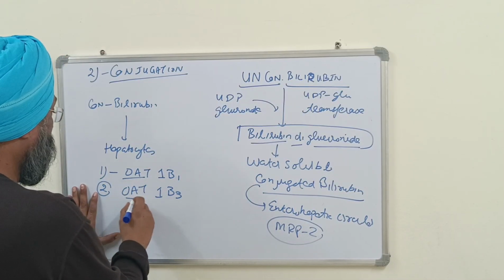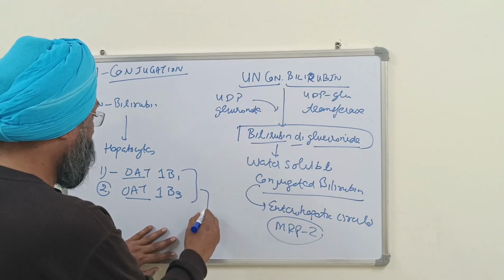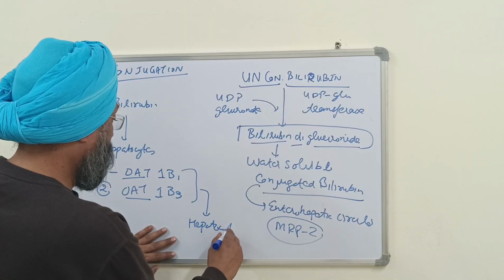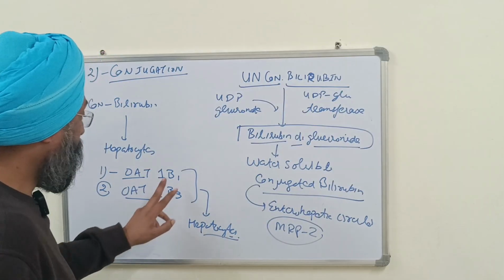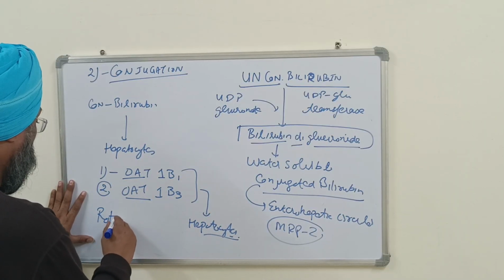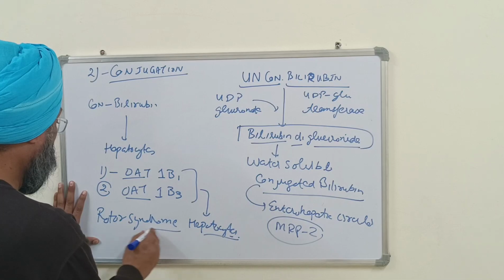These two proteins help in the uptake of conjugated bilirubin into the hepatocytes, and a defect in these genes will cause Rotor syndrome.